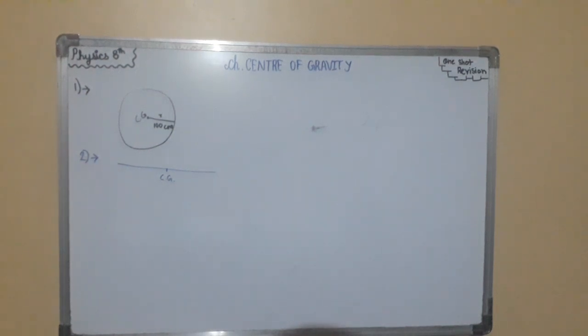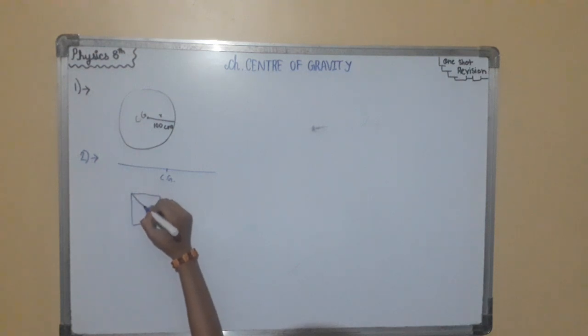When it is bent in the form of a square, CG shifts to the center of the square. So if this is bent to the form of a square, this CG will shift to the center of the square, that is the intersection of the diagonals.